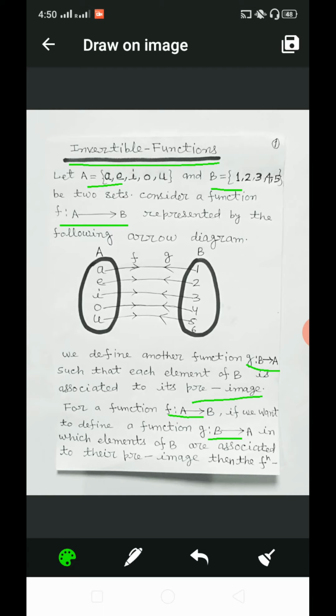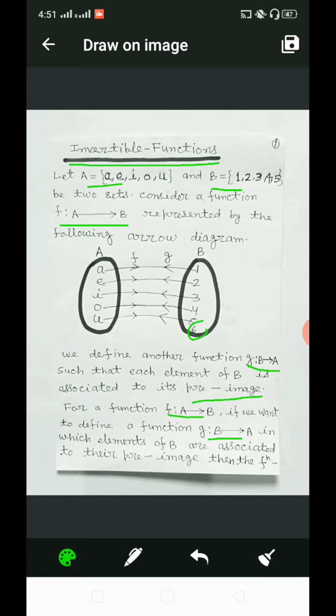Will it be possible to define such a function from B to A? No, because 6 is not associated to any element of A. It means to define function g from B to A, f must be an onto function.